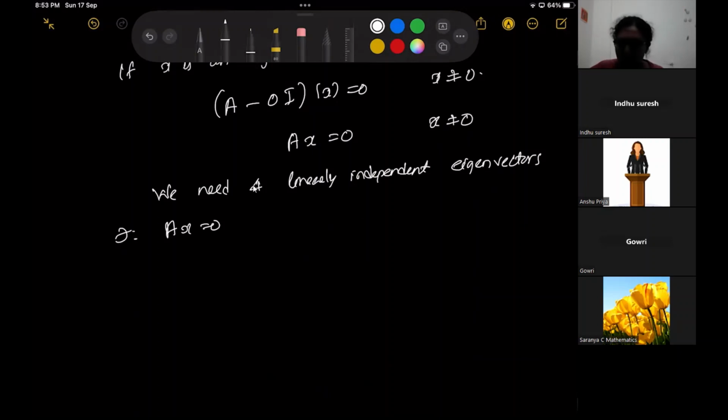See, we need 4 linearly independent eigenvectors such that Ax equals 0. These 4 linearly independent eigenvectors will generate the whole R4.